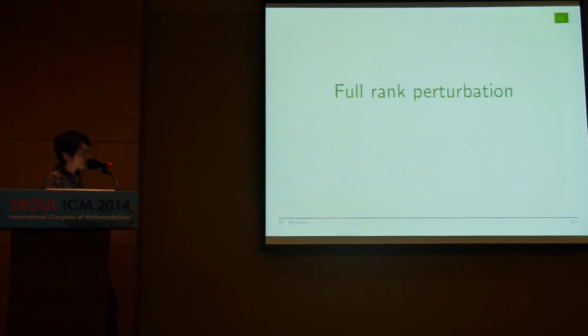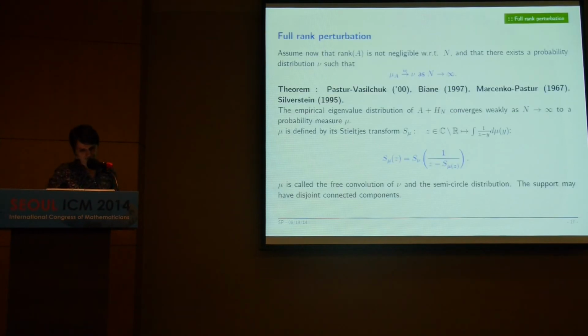Okay, so I will now turn to the extension to the full rank perturbation case. So this time we consider the case where the empirical eigenvalue distribution of A converges to some probability distribution mu, and no longer the Dirac delta mass at 0.